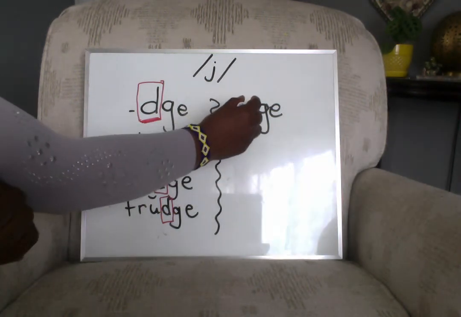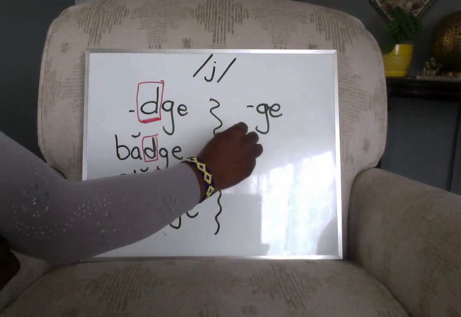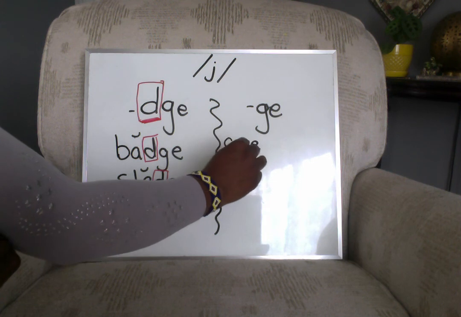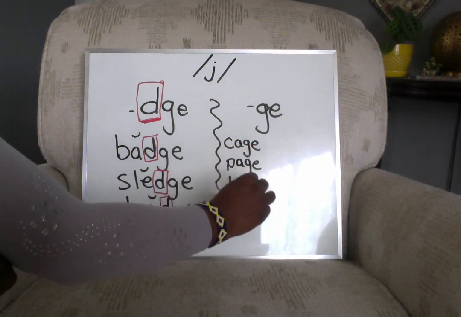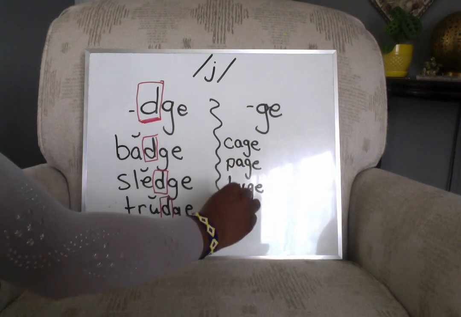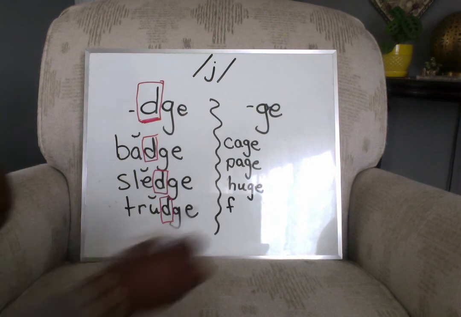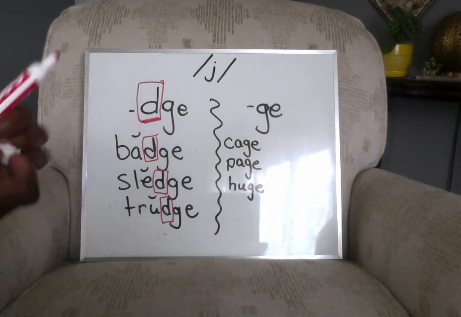For G ending in E, cage, page, huge, fuse. No, I'm sorry. Fuse is S. I was on a long U roll. Let's see.